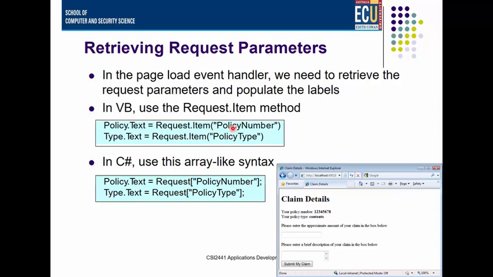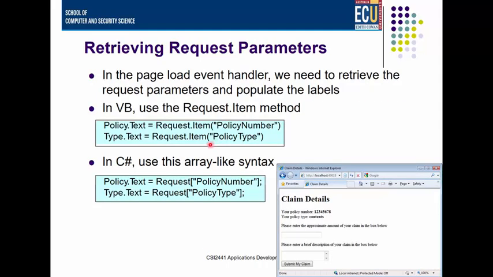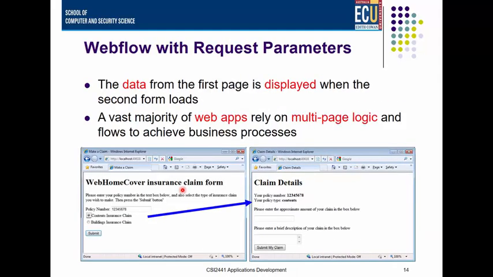Okay, so a key-value pair you need to use, and if you're using C#, then these are square brackets. So in this way we use server.transfer, and then on the next page, receive the values by accessing the request object, and we can display the values of those controls.